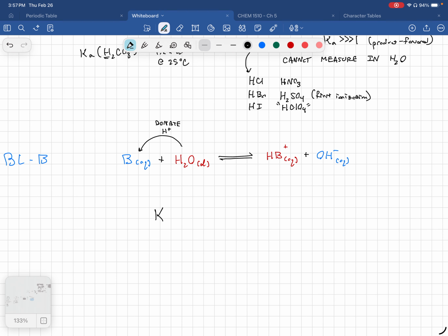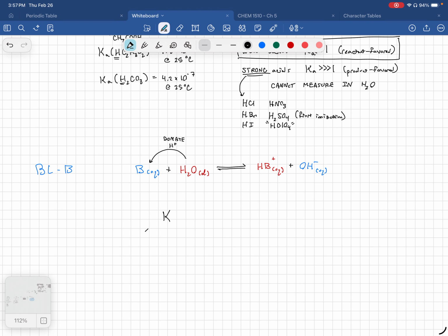And so just like we had a Ka, lowercase a, meaning the acid ionization constant, this will be the base ionization, or again, sometimes referred to as dissociation constant. So Kb, lowercase b.